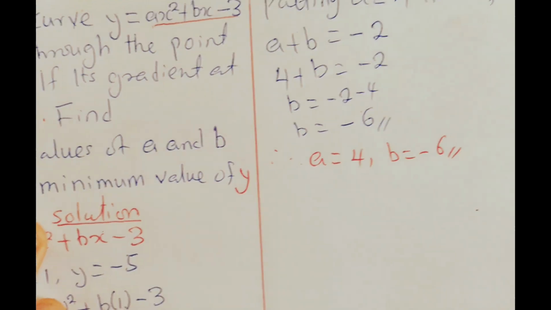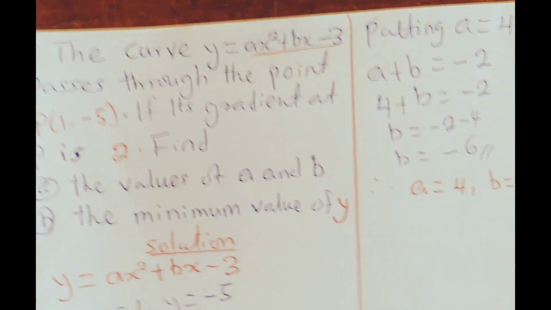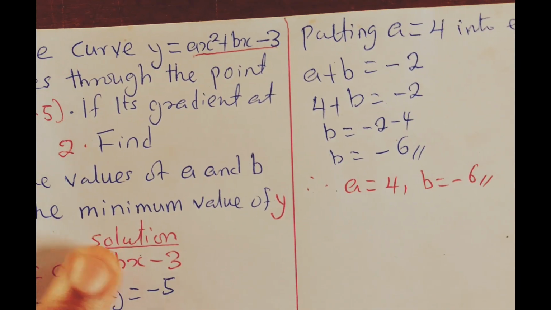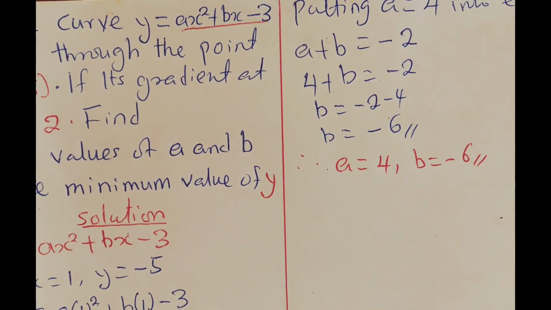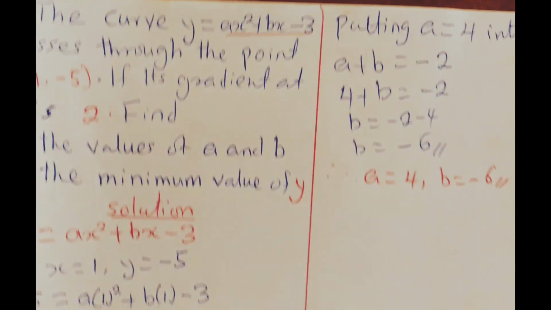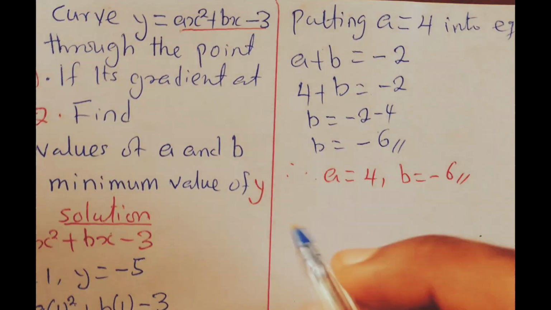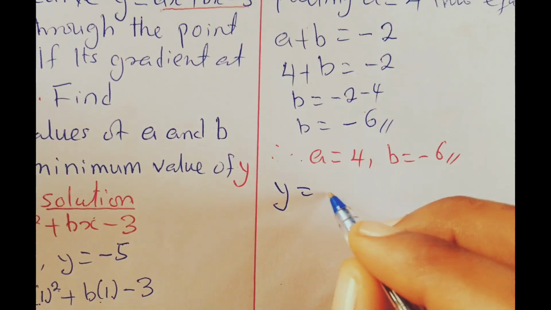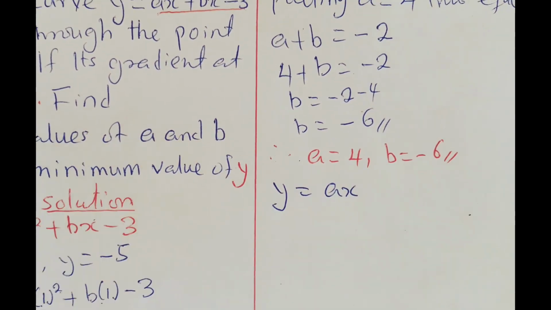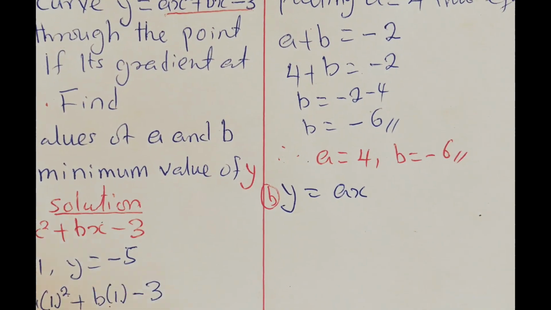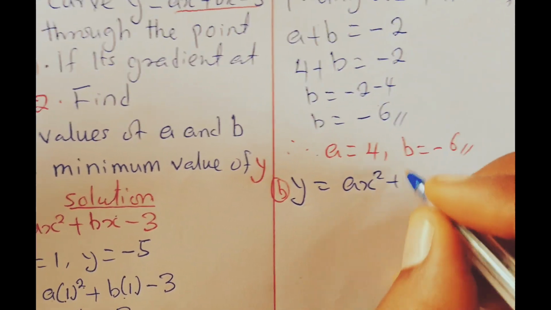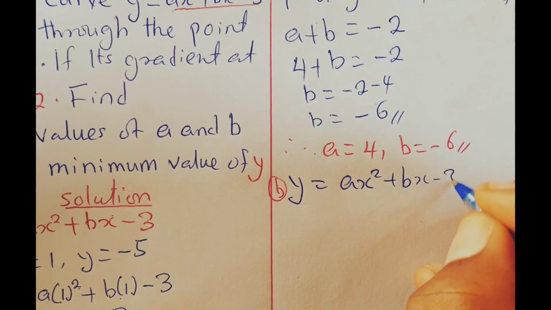And the second one says that we should find the minimum value of y. So let me rewrite my equation down. The first step, which is y is equal to ax squared plus bx minus 3.